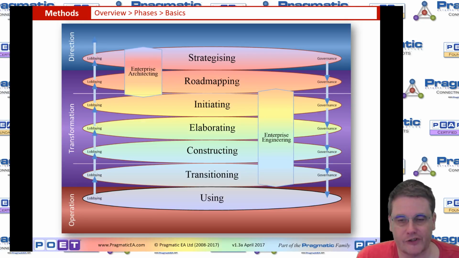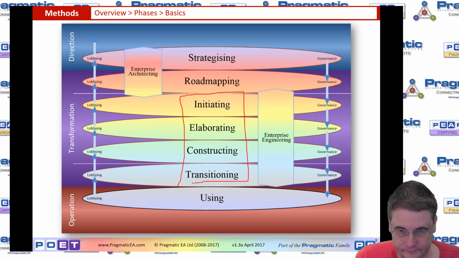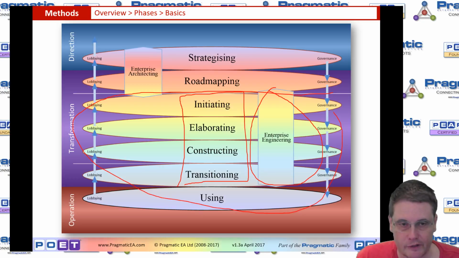That is the high-level transformational planning, figuring out what projects and programs we need and how they all interrelate. Everything below this line is what I call project land. It's running projects, and projects go through various phases. This whole area is what I call enterprise engineering, and this top area is what I call enterprise architecture.